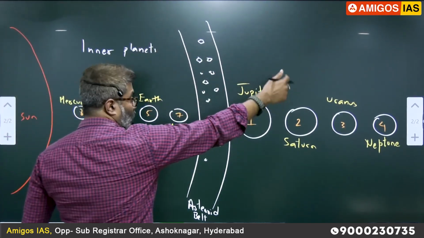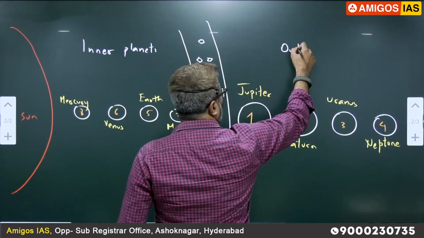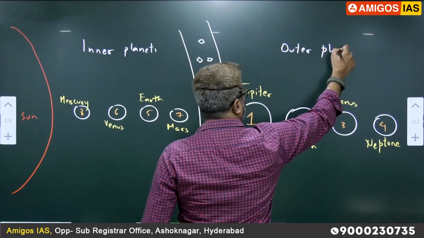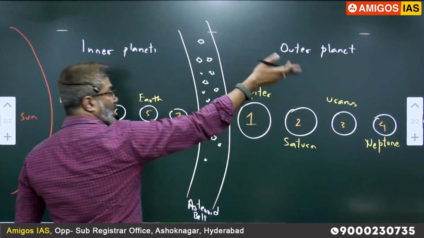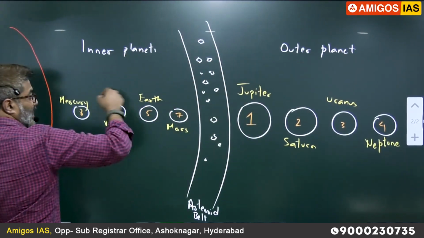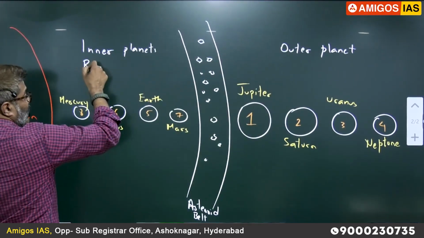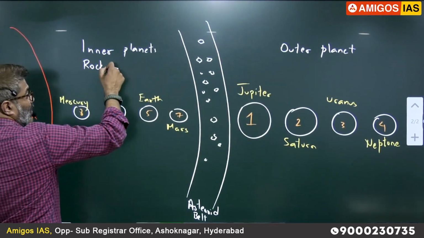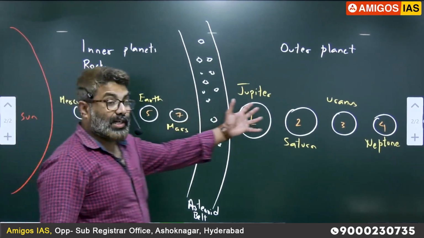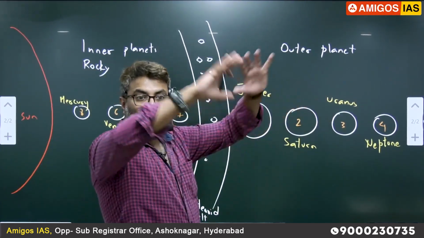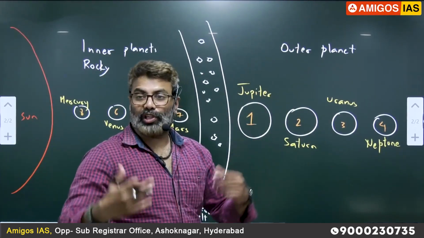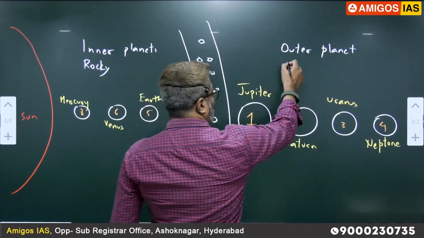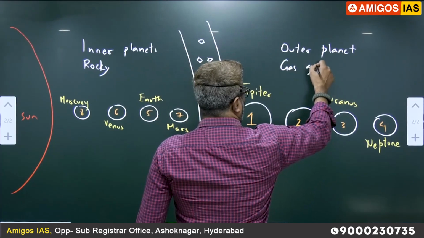These are outer planets, beyond the asteroid belt. The inner planets are made up of rocks and minerals, so rocky planets. The outer planets contain gases. They are huge in size, made up mostly of gases, so gas giants.